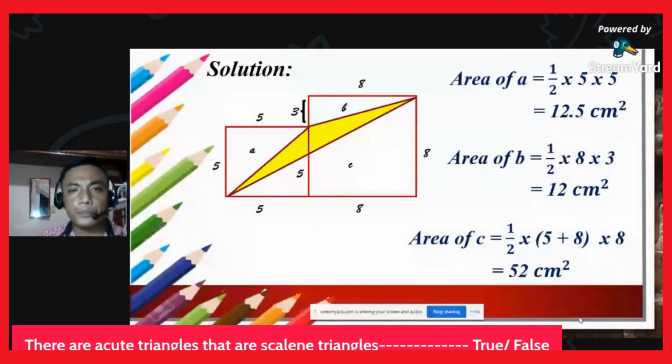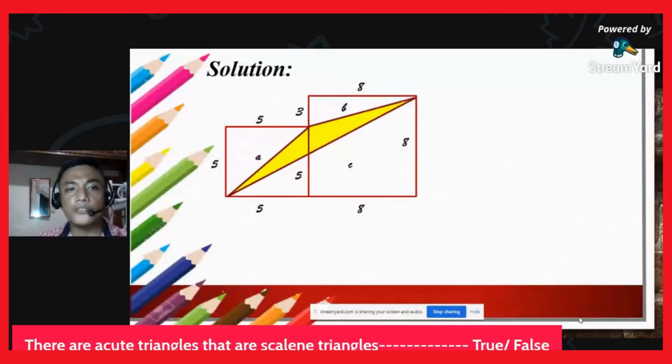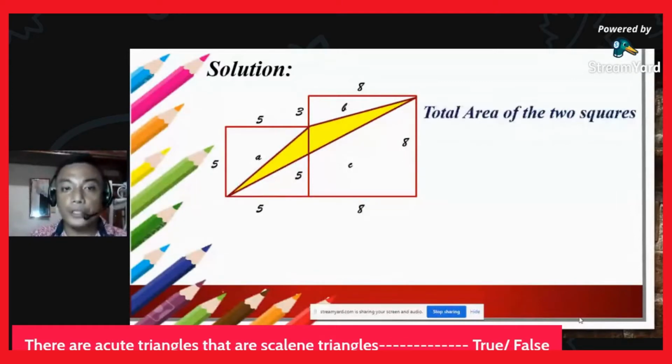So next, after computing the area of triangles A, B, and C, we're going to compute the area of the two squares. The total area of the two squares is simply, as a review, the area of a square is equal to side times side.